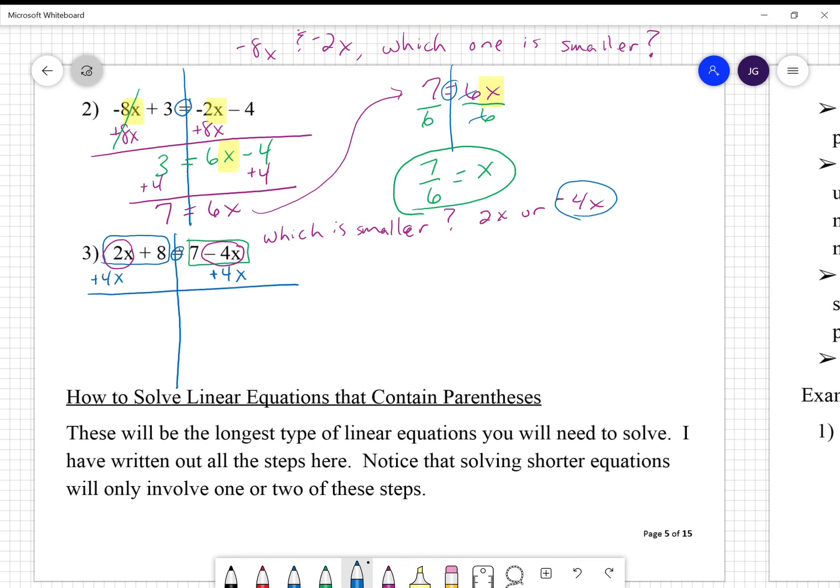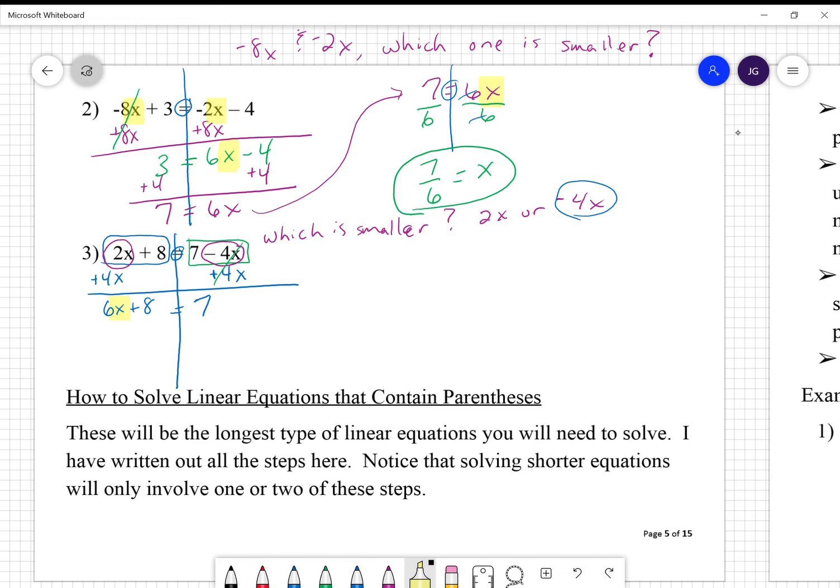My new equation is 6x plus 8 equals 7 because my 4x is canceled. My variable is now on the left, but it only appears once. I'm using my properties to make the equation shorter and shorter until all I have left is a variable on one side and a number on the other.